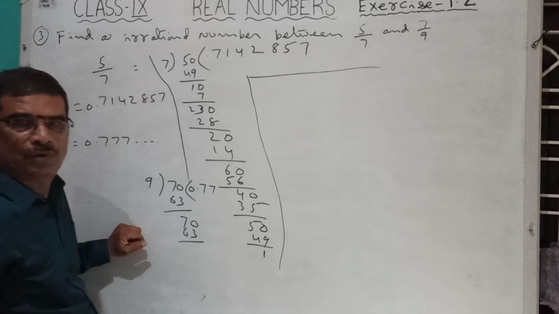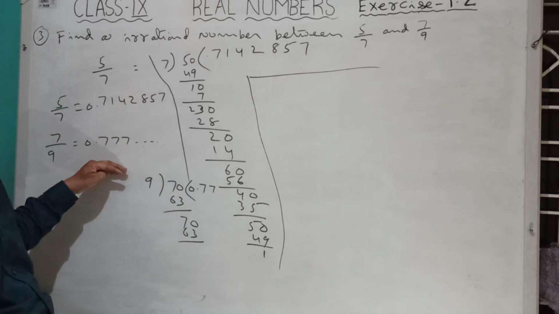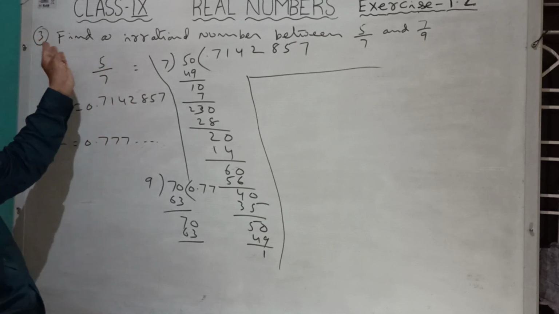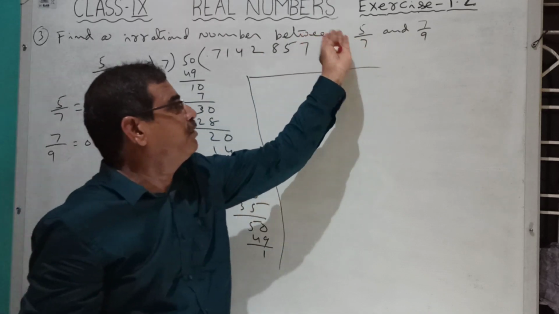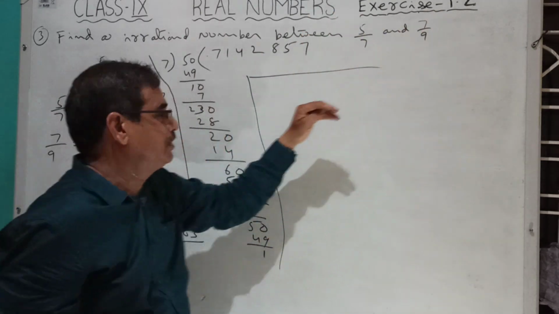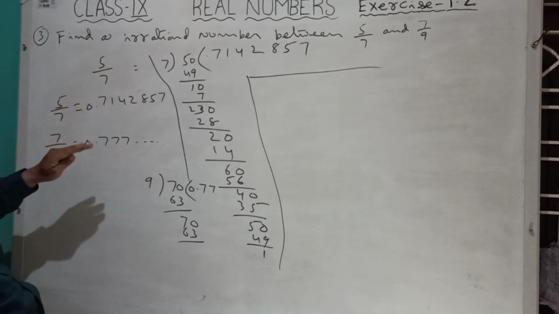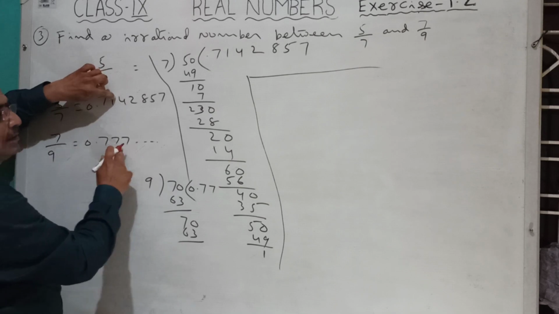So we have to find irrational number between these two. Means above this number and below this number is given. Find irrational number between them. Between them means above this number and below this number. So 7 1 is there. Here 7 7 is there.